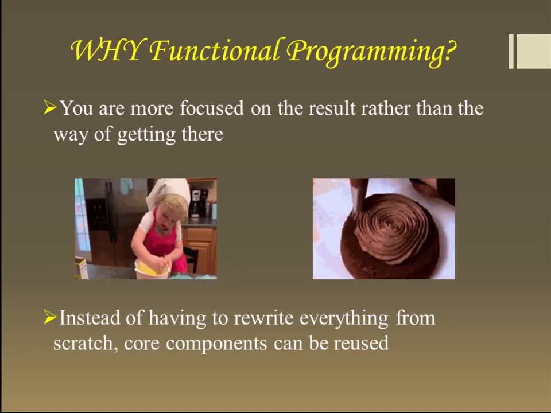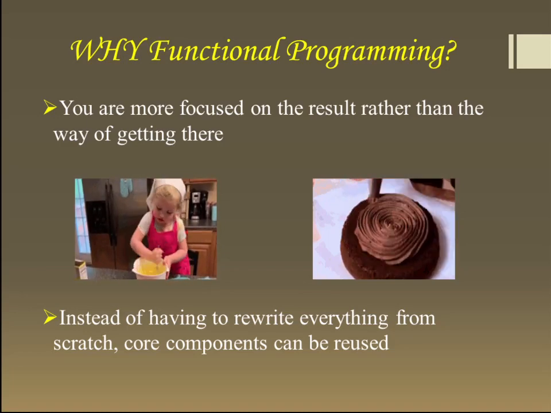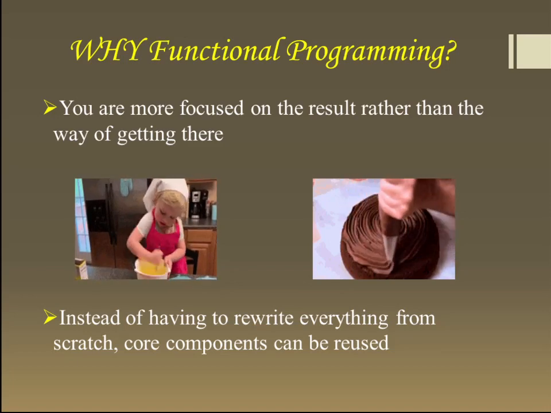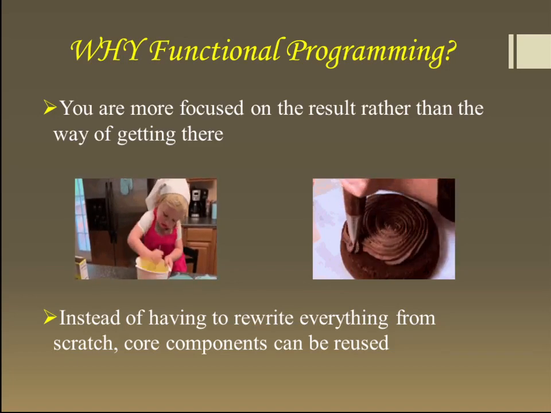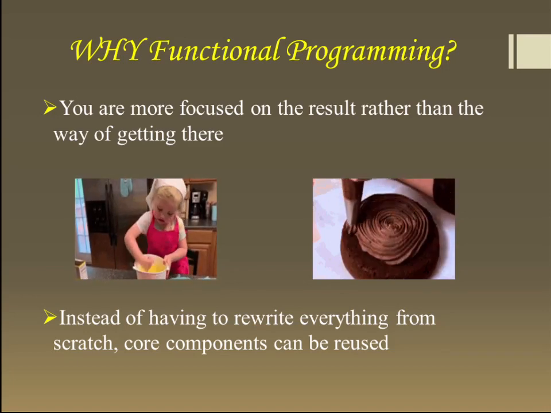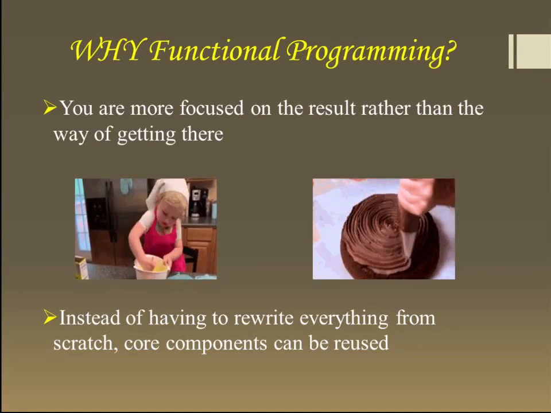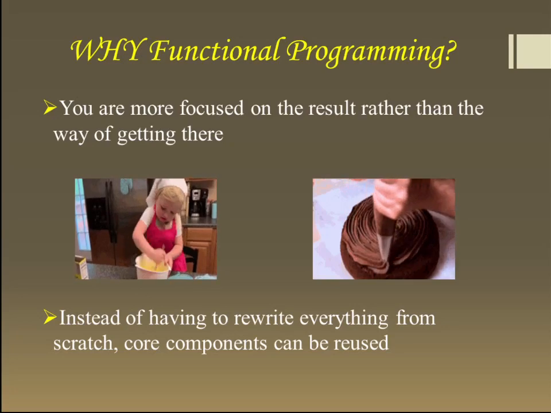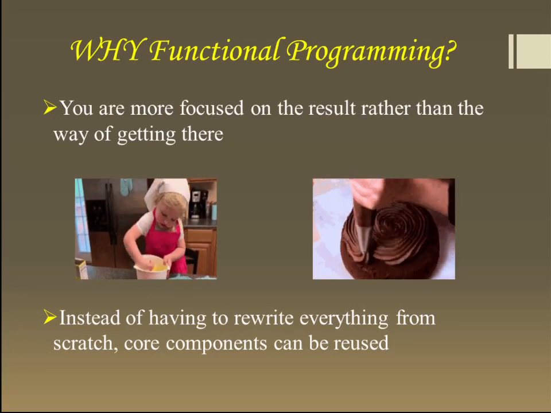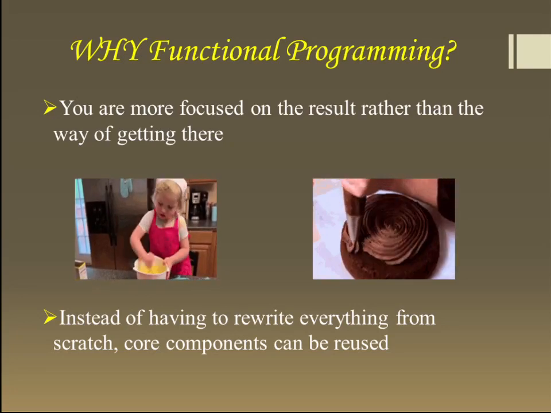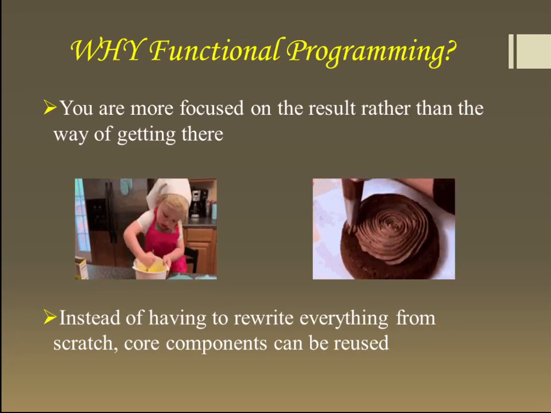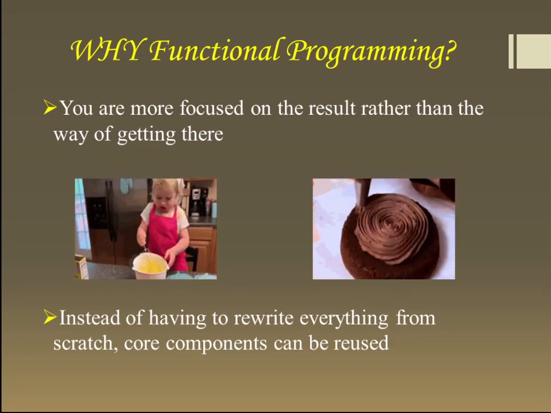So functional programming is similar. Every time you write a new program, some things are reusable. It means your ability to reuse the code to do the same actions as a function is vastly improved. That's why instead of having to rewrite everything from scratch, core components can be reused.